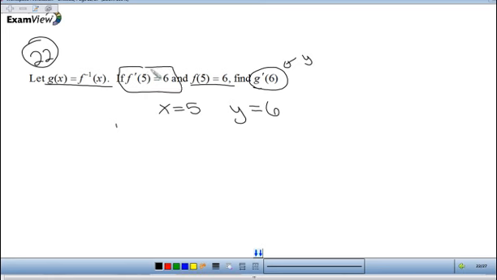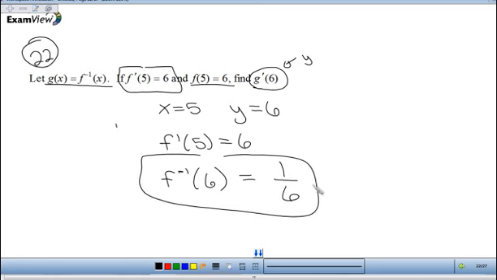We also know that the derivative of my original function at x is 6. So therefore, the derivative of the inverse at 6 is going to be 1 over the reciprocal.